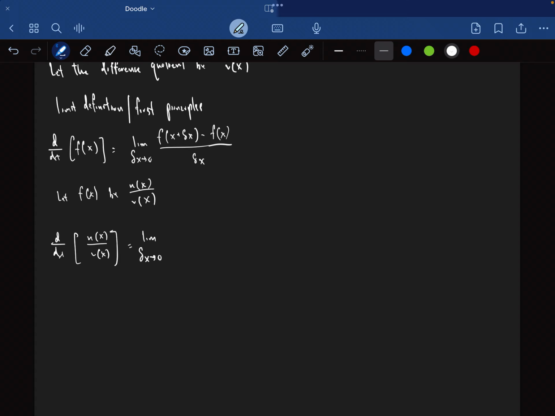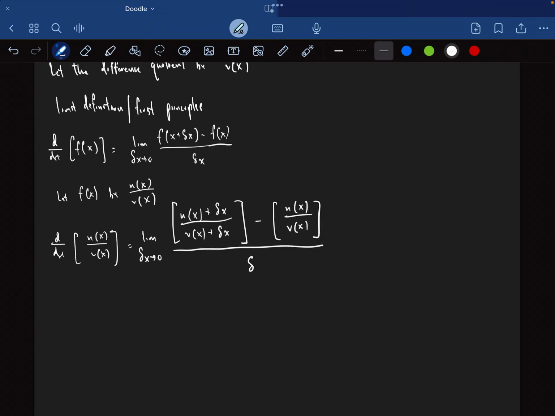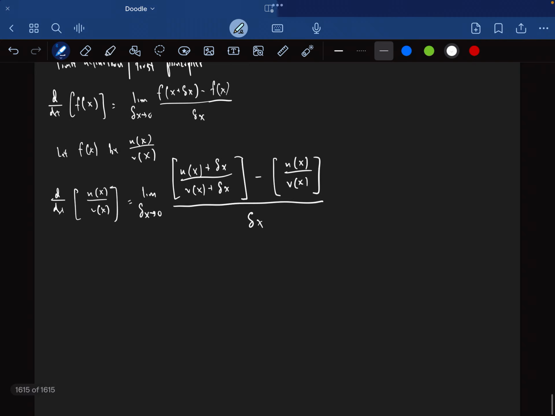So this is like that. u(x) adds the small quantity change, and then the v(x), the denominator, also shares the same thing. And then this f(x), because it's replaced by u(x)/v(x), is replaced as such, over this whole delta x.